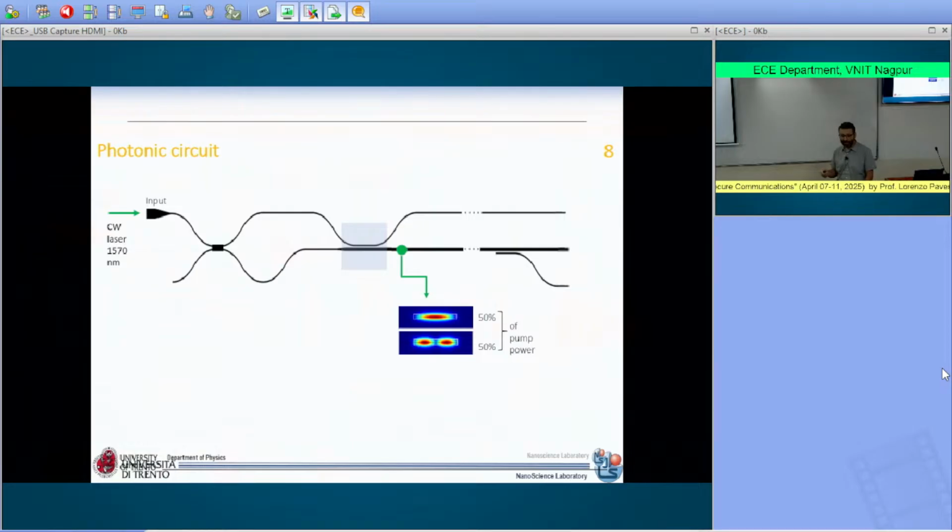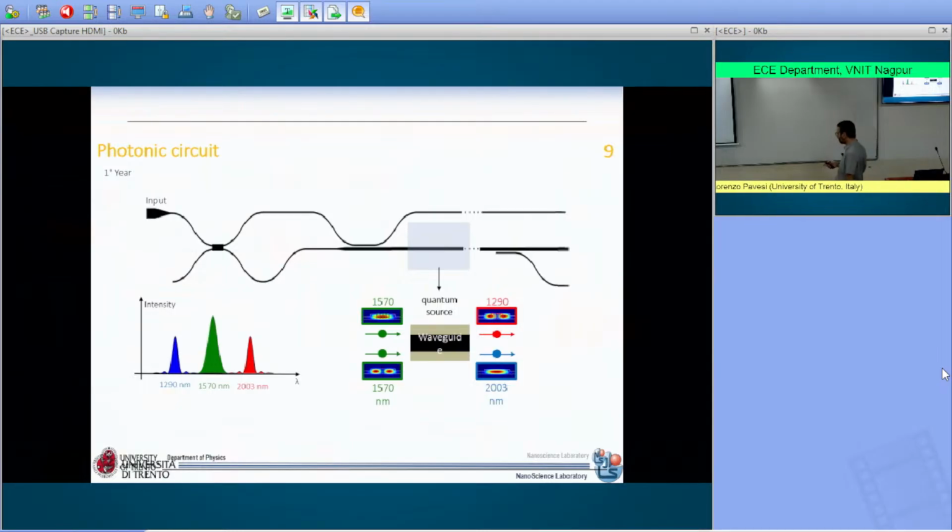And so we are getting what we want in order to have the intermodal four-wave mixing. Therefore, inside this large waveguide, we have the generation of idler and signal photons, meaning that we have the generation of our entangled photon pairs.